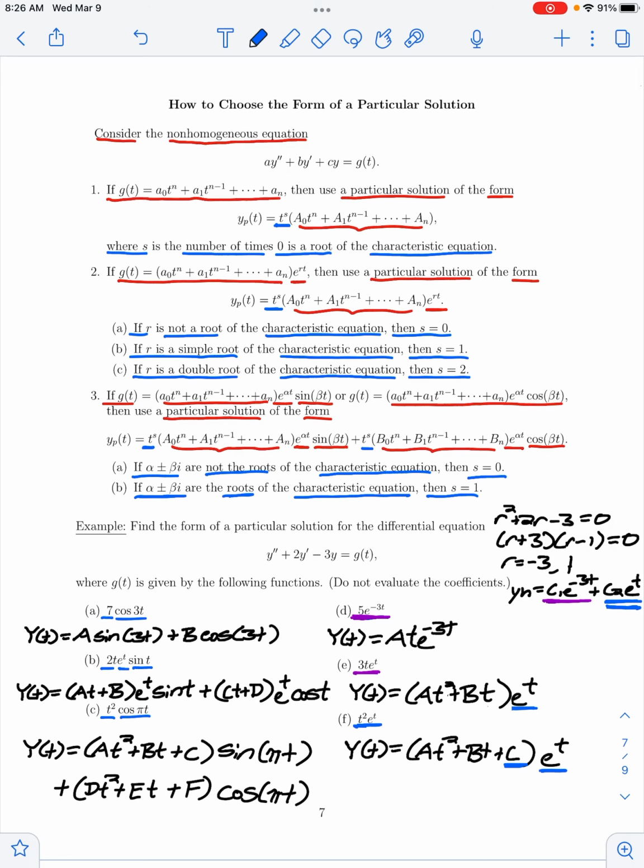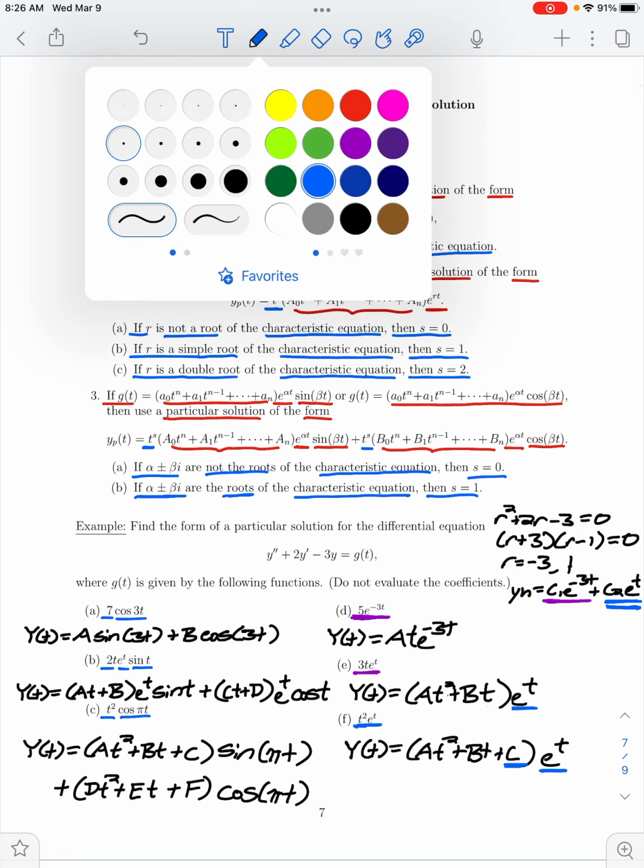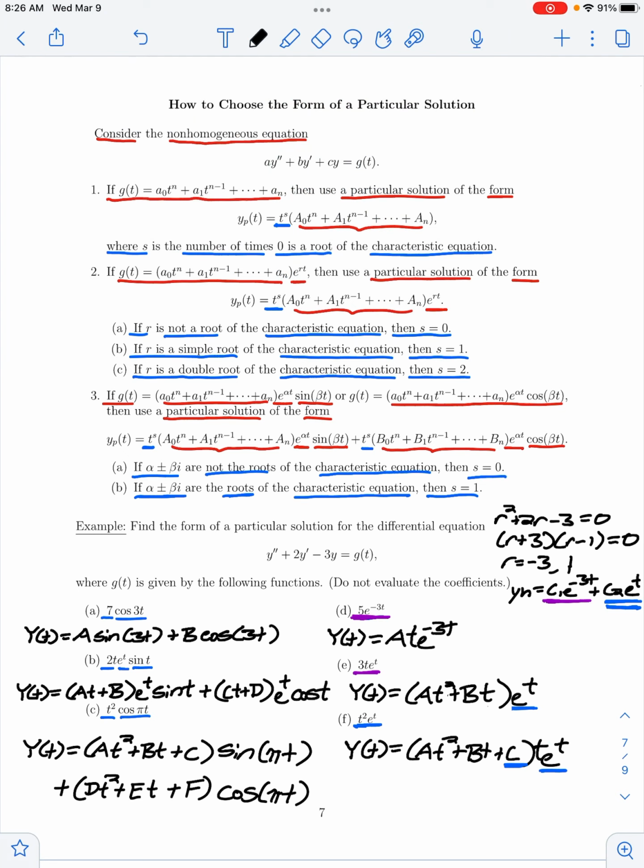So we need to modify our initial guess by multiplying by a factor of t, giving us at cubed plus bt squared plus ct, e to the t. And since none of these terms appear within the homogeneous solution, this would be the correct form for our particular solution.